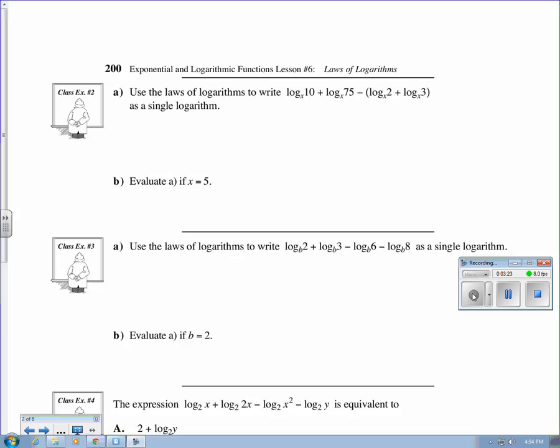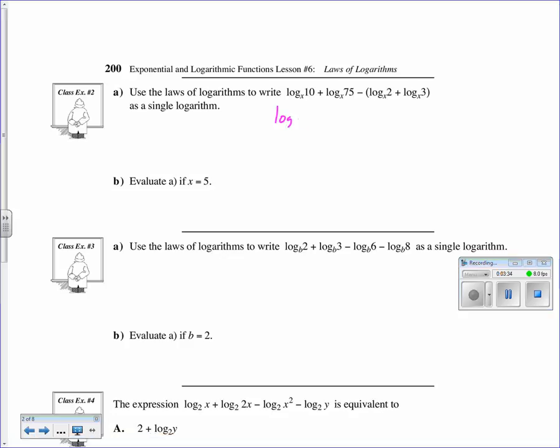So a nice long one to try, class example 2, write as a single logarithm. Remember, the adding can be understood as timesing. So I've got log base x of 10 times 75 divided by, because of that minus sign, log base x of 2 times 3.